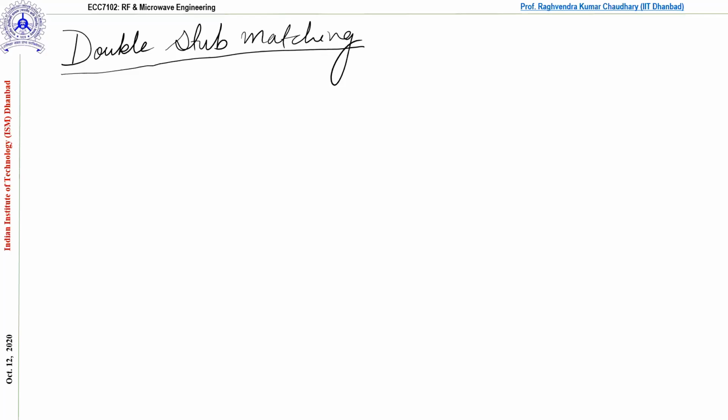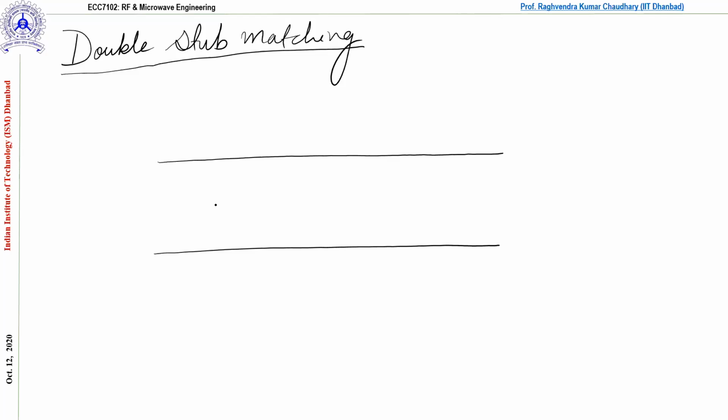Now let us see the circuit diagram and then analyze how we will do it over the Smith chart. Let us first draw a transmission line. Let's say this is the transmission line we have, and the characteristic impedance is R naught.